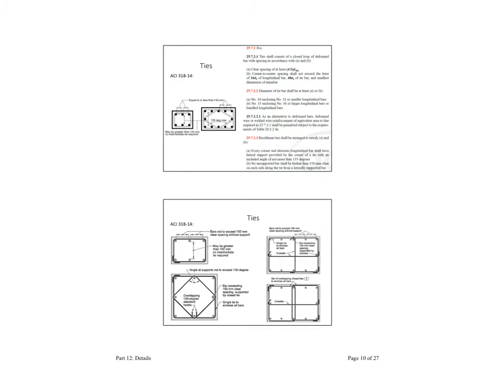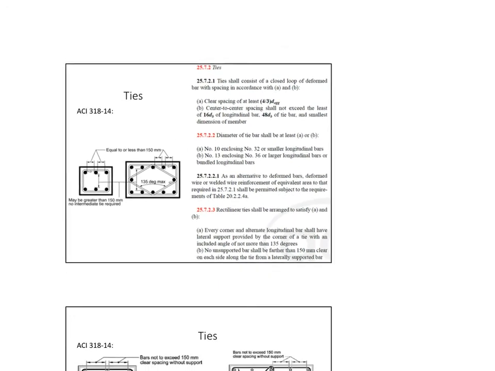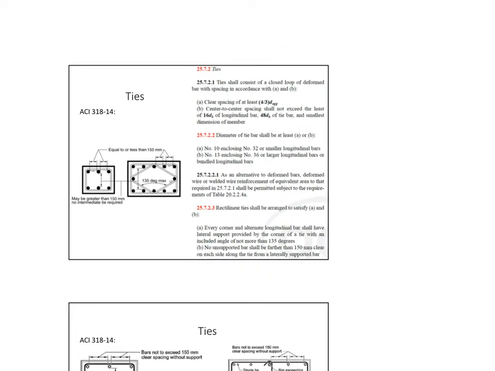Getting into the ties, that's an important part of understanding how we can distribute our ties. Now, ties shall consist of closed loops of deformed bars with spacing in accordance with A and B. The clear spacing is at least 4/3 d aggregate.